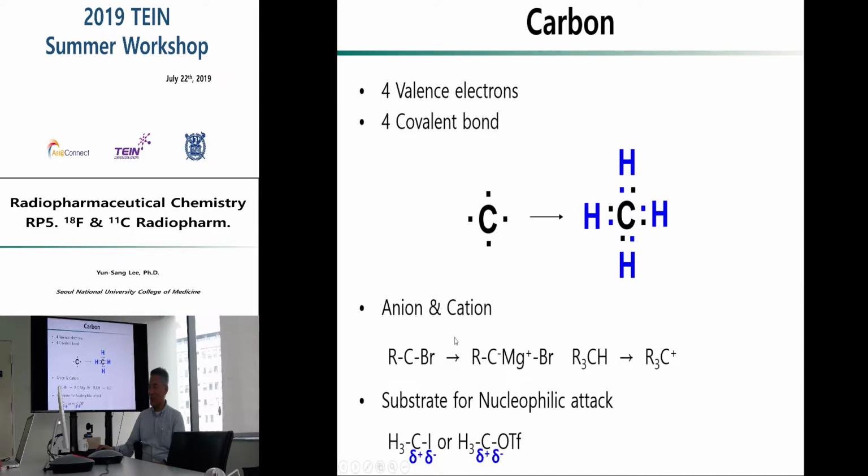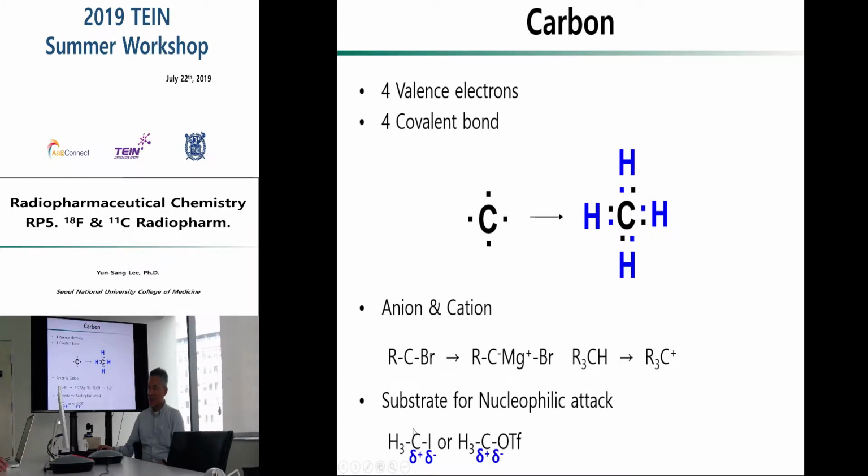Sometimes we can make a Grignard reaction with magnesium or any other kinds of metal. Then we can make this kind of cation. And we can also use this carbon as a substrate for nucleophilic attack. So normally I think C11 chemistry is related to nucleophilic attack from another nucleophile.